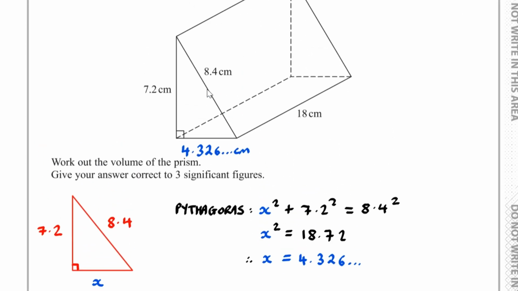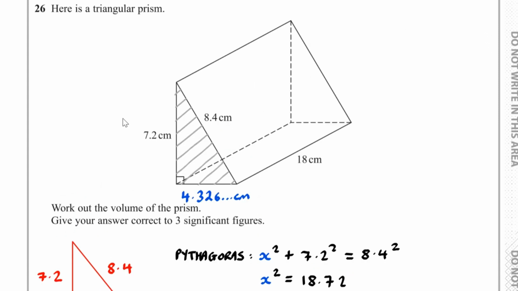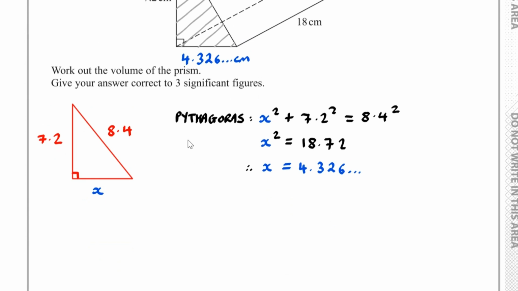Now what we need to do is find out the volume. Well, to find the volume, I need to find out the cross-sectional area and multiply that by the length. So if we find out the cross-sectional area, that's equal to, well, I've got the area of a triangle, so I've got 1/2 times by the base, which I've just worked out to be 4.326, and then I times this by the height, which is 7.2.